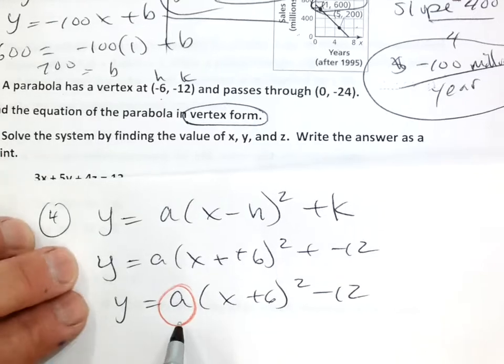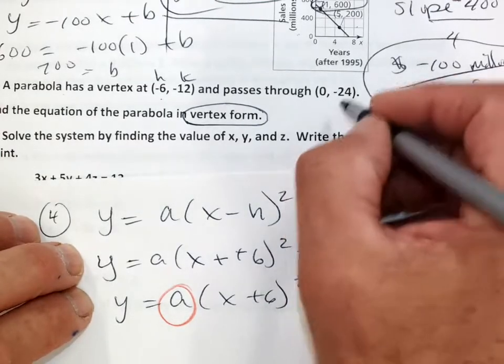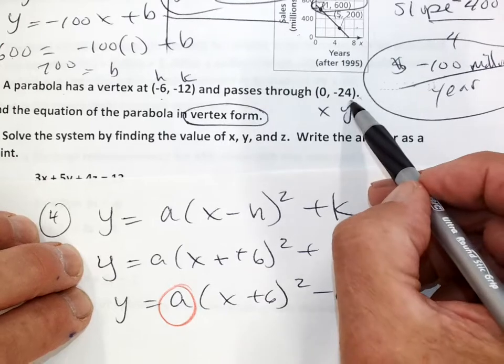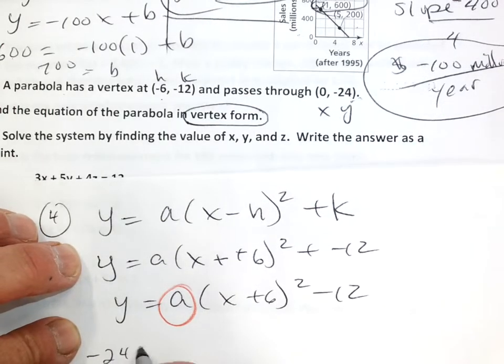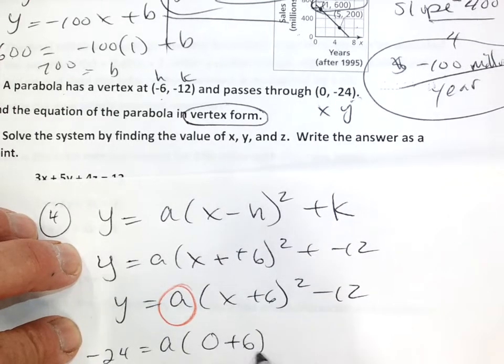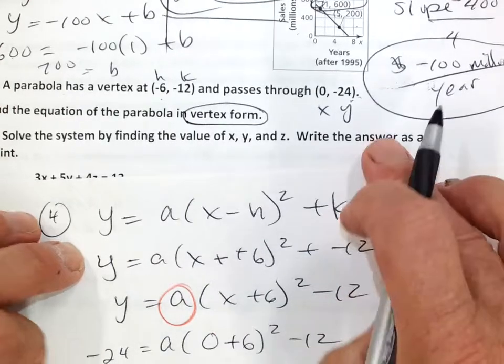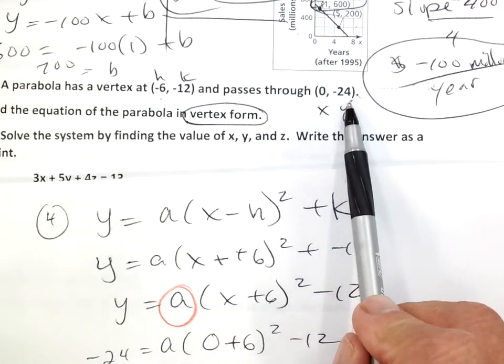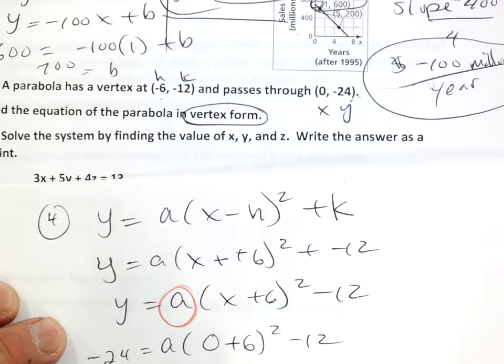Now, I need the value of a. So, luckily, I have an x and a y value. Here's my x, my y value. I'm going to put -24 for y. I'm going to put my 0 in for x. And I'll be able to solve and find the value of a, which forces it to go through the point (0, -24). -24 is equal to, let's see, 0 plus 6 is 6 squared, right?